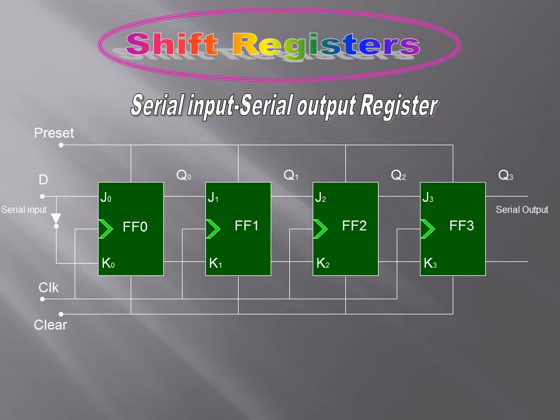In this we have now the 4-bit register. 4 flip-flops are present. You see that the clock is the same to all the flip-flops, and the first flip-flop has a D input, the serial input.